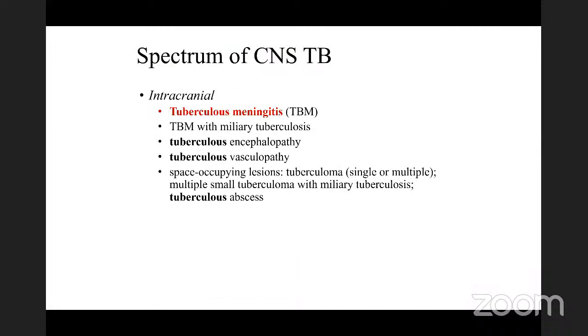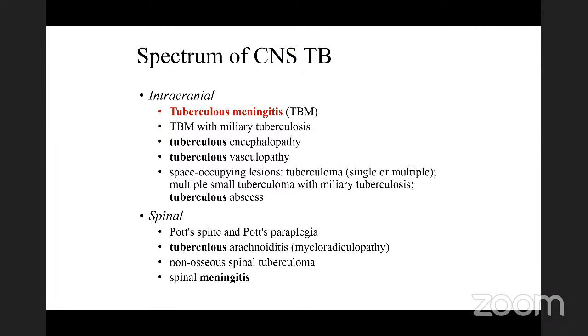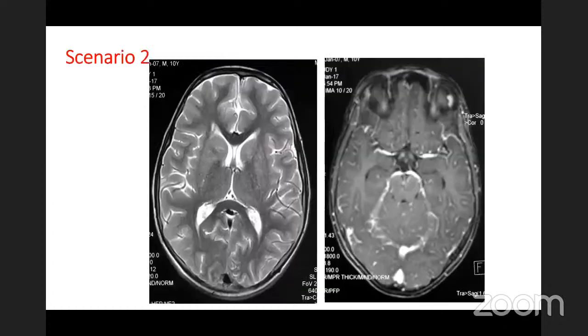This is just a nutshell of the spectrum of CNS TB, which can be widespread, from tuberculous meningitis to other vasculopathy.